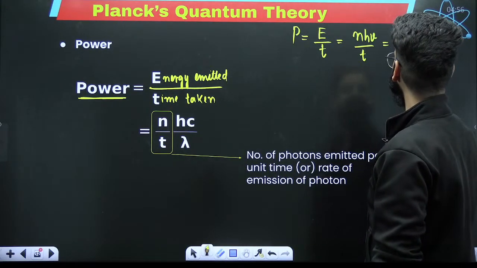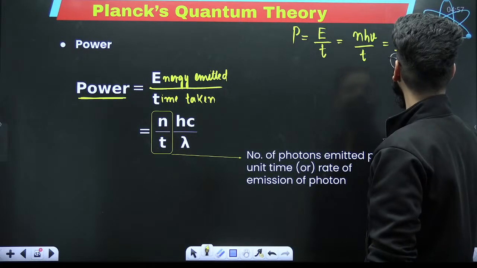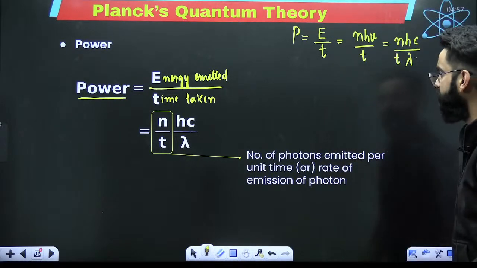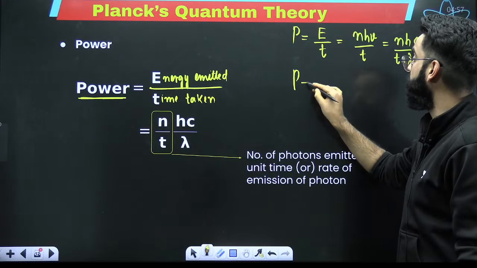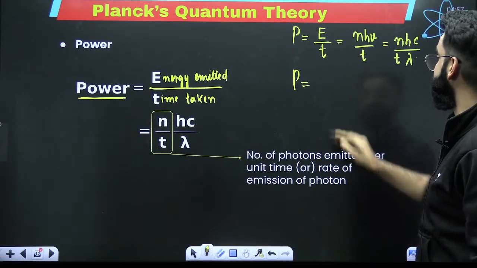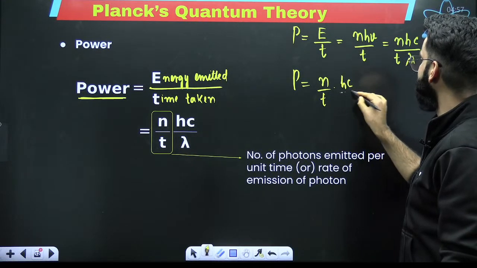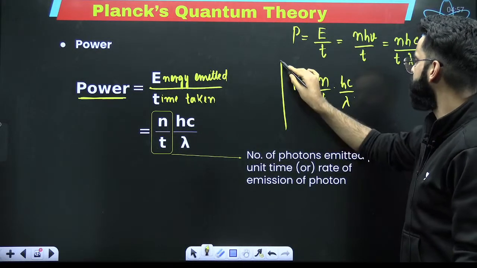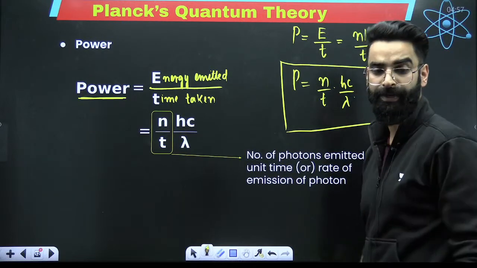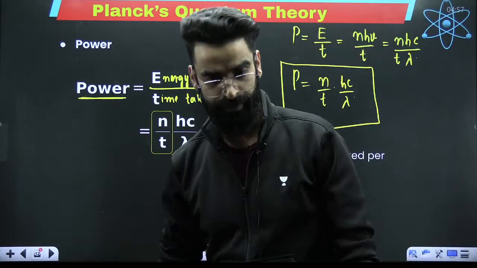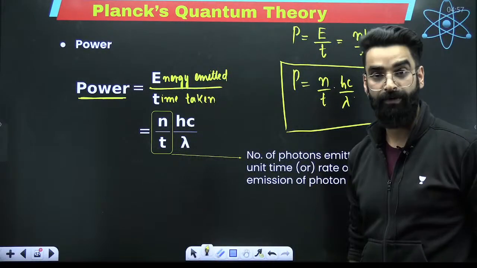Or you can write it like this, n h c divided by t, and this is lambda over here. Perfect. Now, if I talk about power, power is going to be n divided by t, then it's going to be hc divided by lambda. This is the result by means of which you can easily calculate the power of the source.